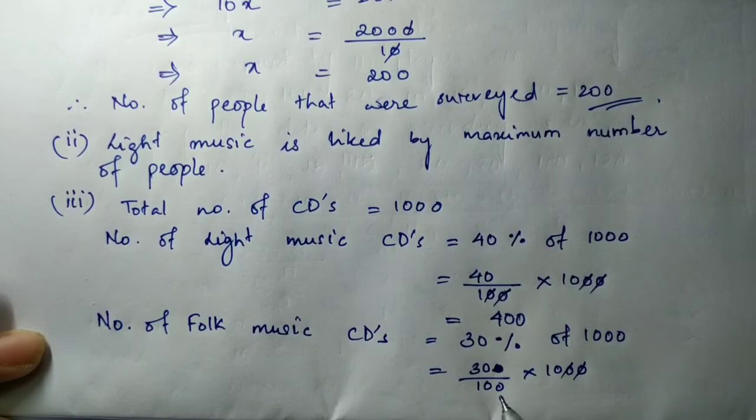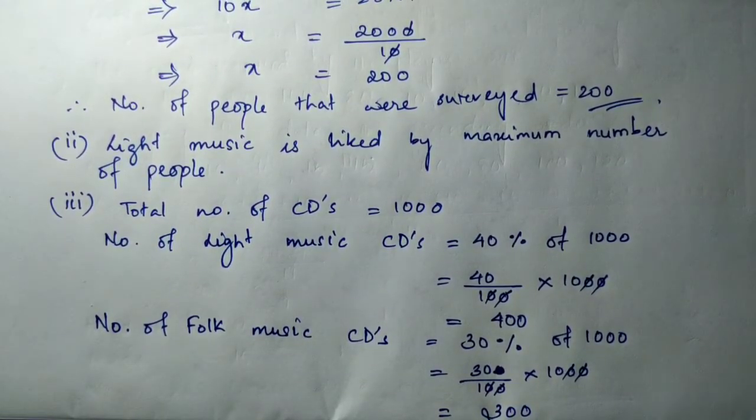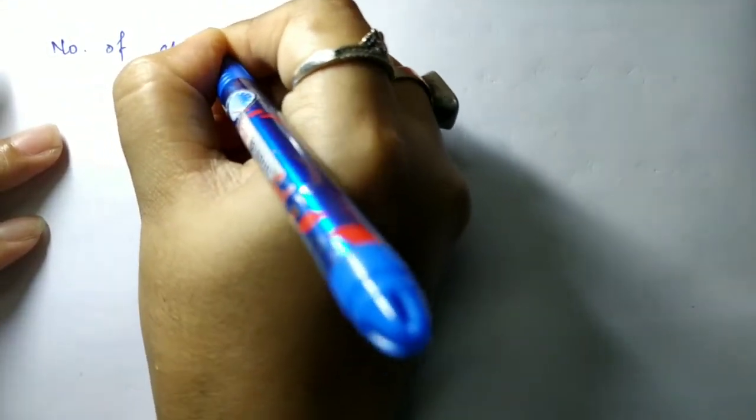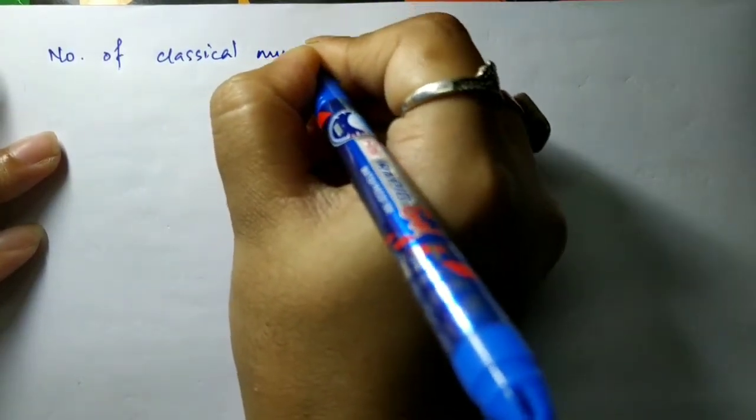It gets cancelled and will be equal to 300. Now we will find the remaining two. Number of classical music CDs.